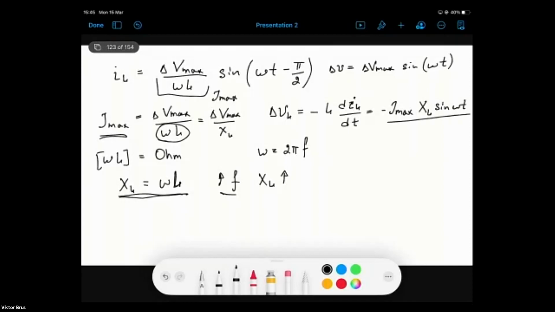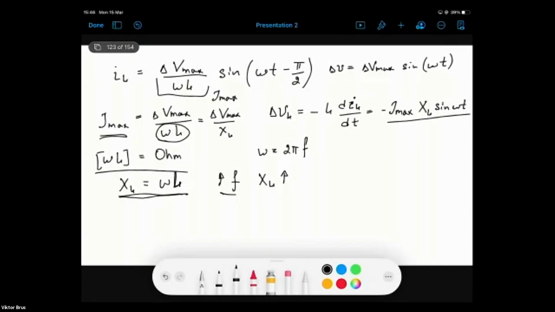So this inductive reactance serves as a resistance of an active resistor, but it has a bit different physical meaning behind it. But mathematically, it also serves as a resistance, and we also measure this in the same units as resistance, in ohms.